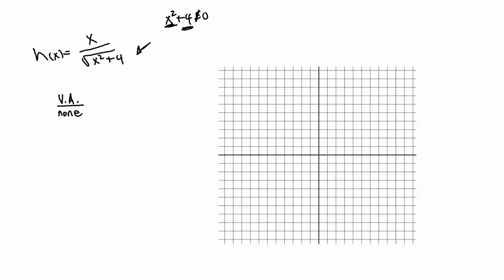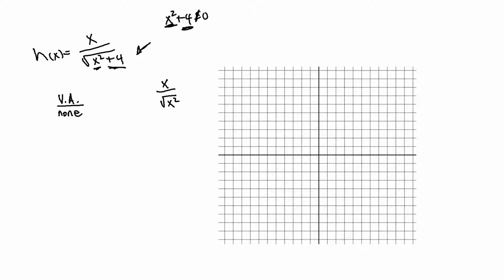So as we go out to infinity, if we substitute our value of x as 1,000,000, square that, and then add 4, is this plus 4 really going to make that much of a difference if we're squaring 1,000,000? No. That number is basically about 1,000,000. So that means that if we're looking at the horizontal asymptote, we're really looking at what happens with x over the square root of x squared.